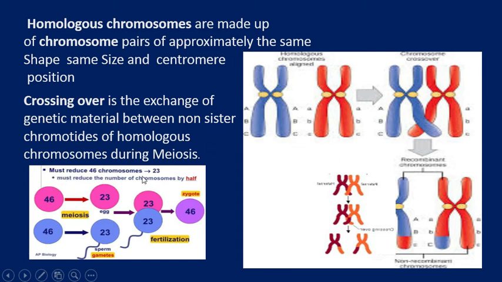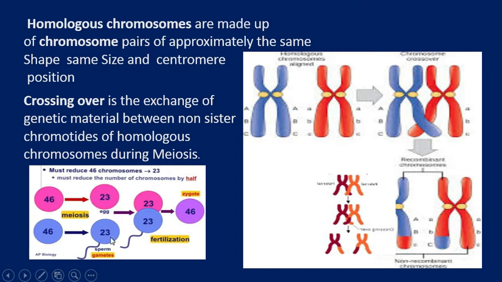We can also see here that in human beings there are 46 chromosomes. If we say haploid, haploid means 23 chromosomes. So the female gamete, or egg, is haploid with 23 chromosomes, and the male gamete, or sperm, is also haploid with 23 chromosomes.